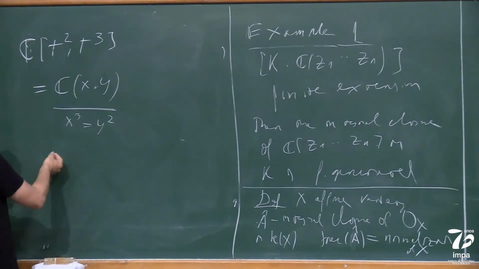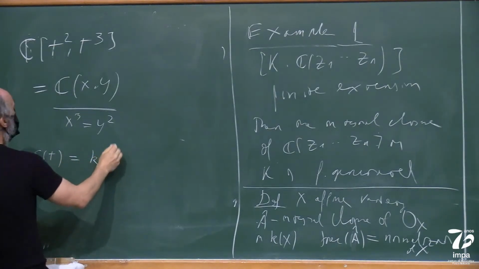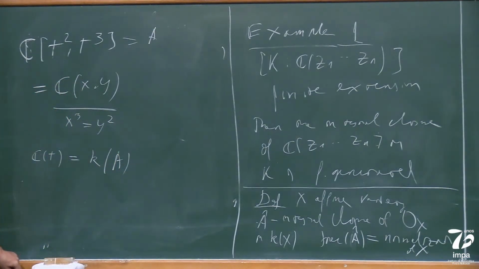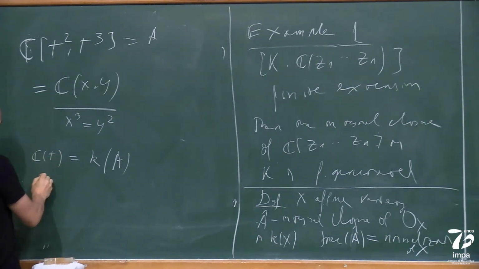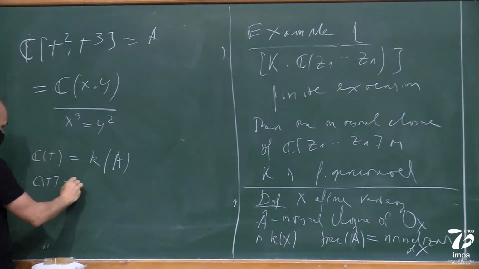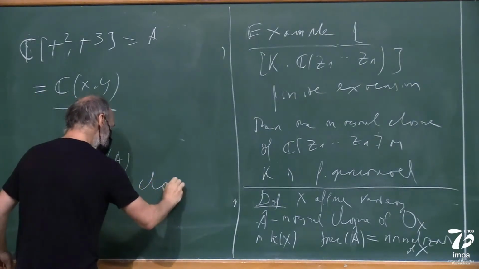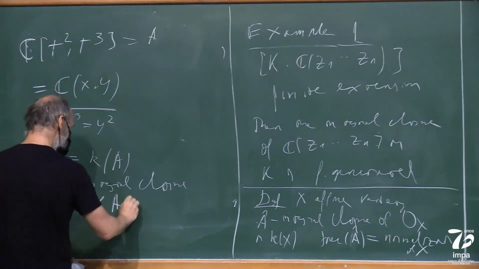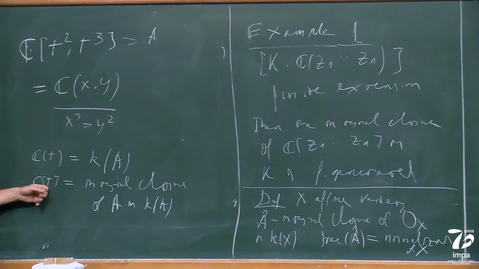Okay, but however, in C of T you can divide this by this, and K of A is the field of fractions of A. And then I claim that C of T is the normalization, the integral closure of this A in K of A. Well, first it's integrally closed already.